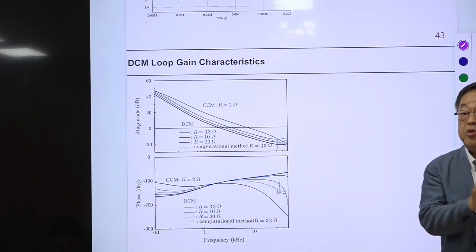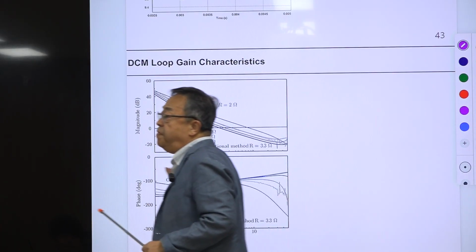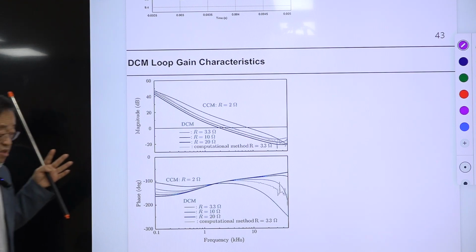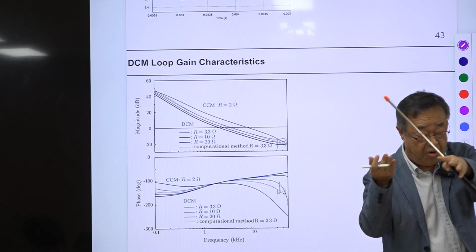Okay, so everything will change. But when you are designing this compensation, you take the case of CCM. CCM is the worst case because in CCM we have second order dynamics. Second order dynamics is worse than first order dynamics because of the phase drop at the double pole. Okay, so you design everything assuming CCM, and then the converter goes into DCM operation.